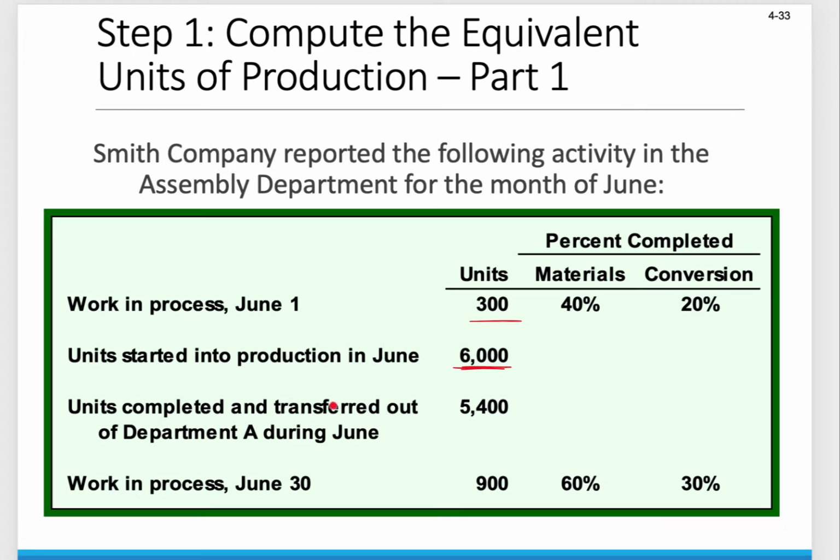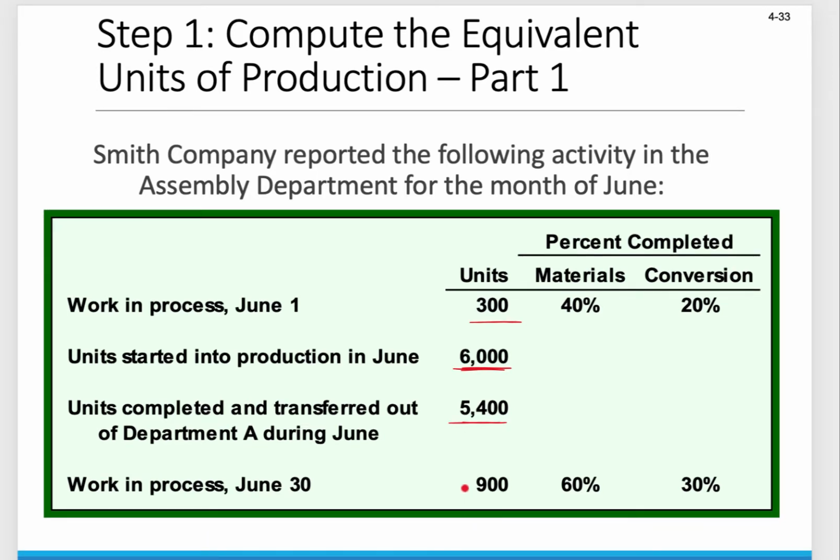The units that were completed and transferred out of Department A during June were 5,400. So that means at the end of the period, we have 900 units left in WIP. Okay, check this out. They give us our percent completed with respect to material and with respect to conversion costs.